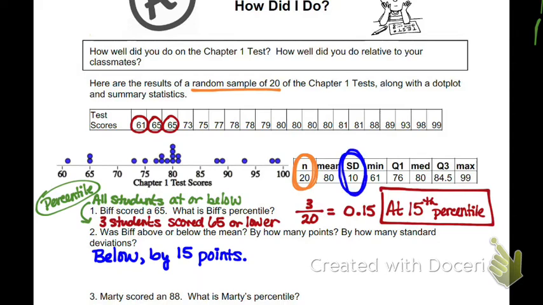So if there's 2 standard deviations, that would be 20 points away from the mean. But he's only 15, so you take 10 and then you divide it in half. That is absolutely correct, Jenna. So 15 points away from the mean divided by 10, our standard deviation, and we get 1.5 standard deviations below the mean.